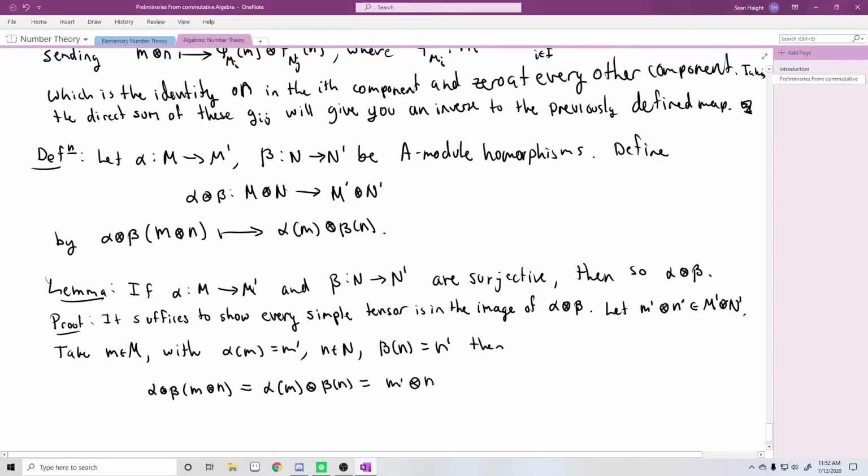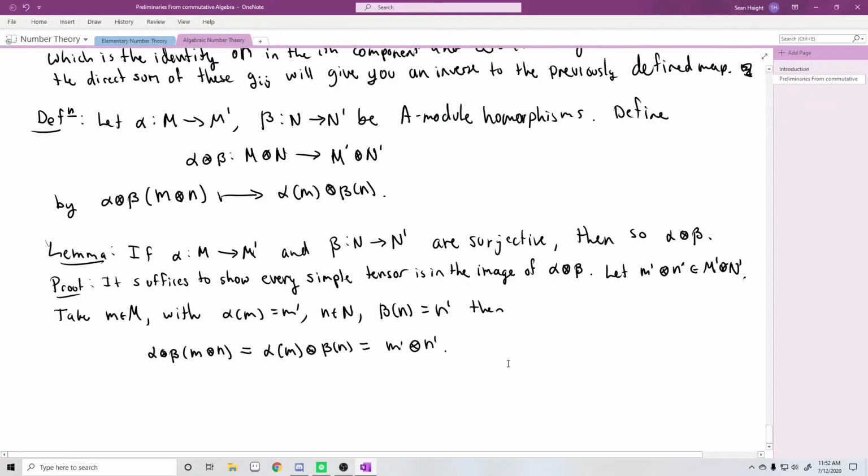Okay. So a lot of times, when you're working with these tensor products, it helps to reduce to the case where you're only worried about a simple tensor. There is one mistake that's really easy to make, and I've made it myself a couple times. To check if a map is surjective, all I need to do is check that every simple tensor is in the image of that map.